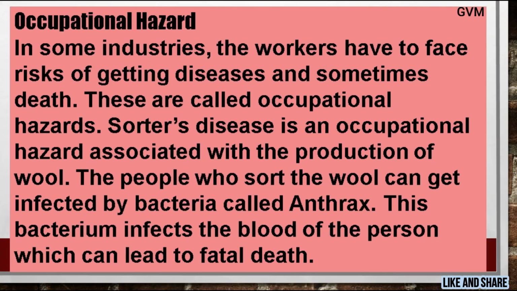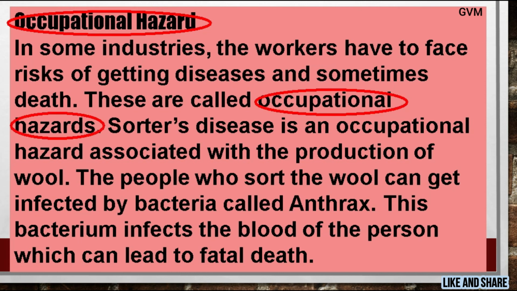Now students, as you can see here the heading Occupational Hazard. Students, in some industries the workers have to face the risk of getting diseases and sometimes death also, and these are called occupational hazards. And students, sorter's disease is such an occupation related hazard that is associated with the production of wool.